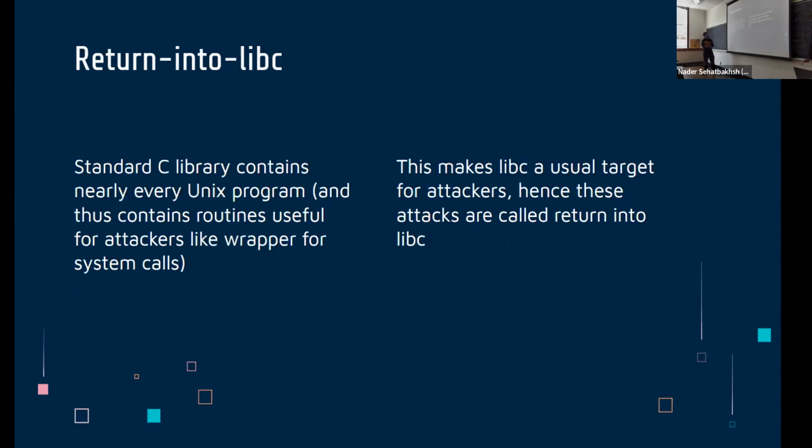All right, so the standard C library contains almost every Unix program, and mostly the system calls and the wrappers are the most useful ones that attackers use to create these attacks. And this makes the GNU libc library a standard target for attackers.